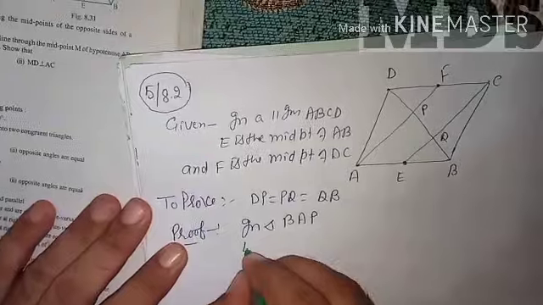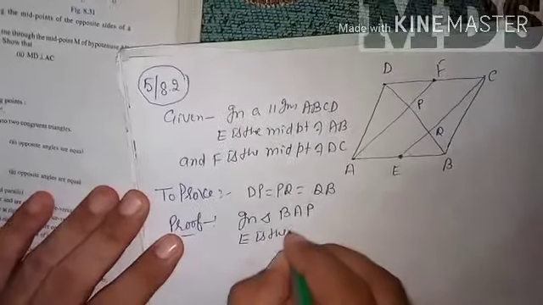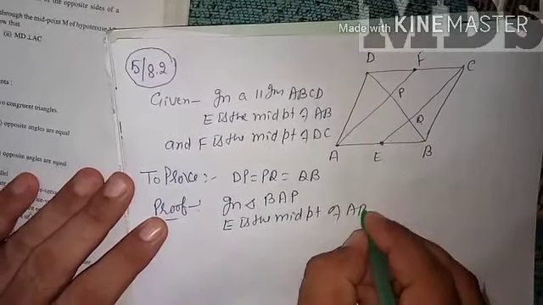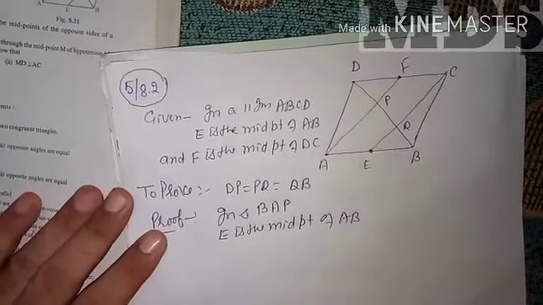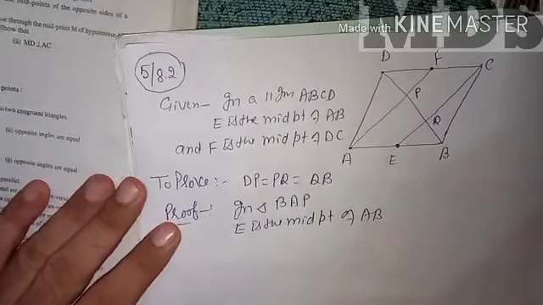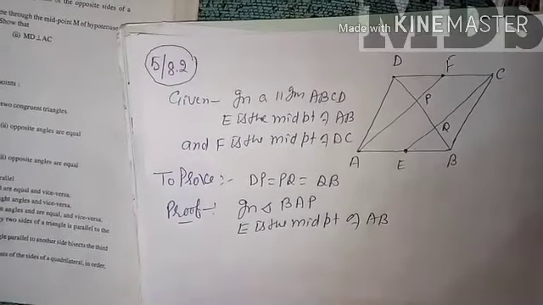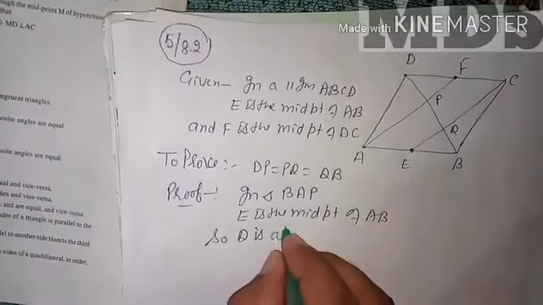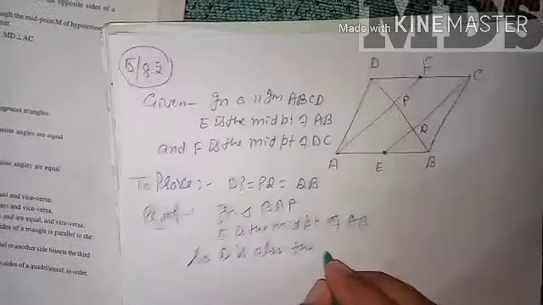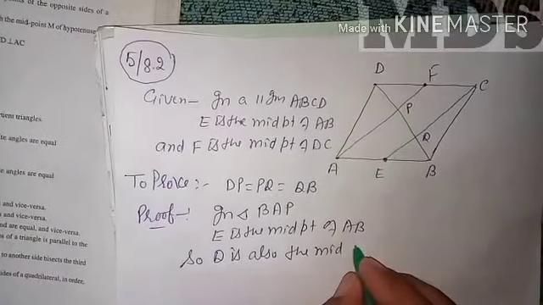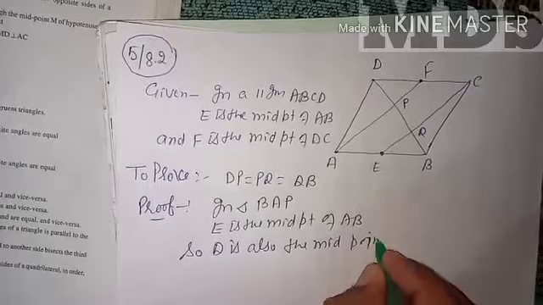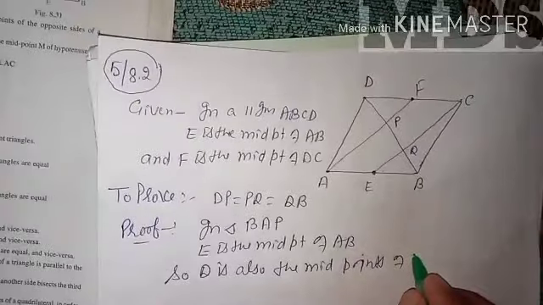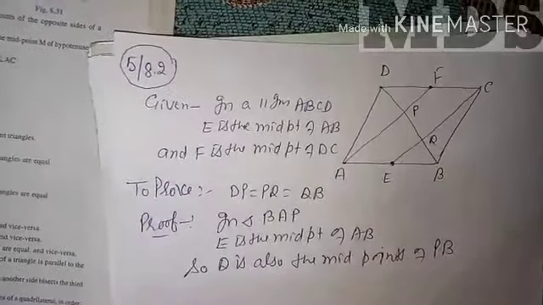E is the midpoint of AB. So Q is also the midpoint of PB.